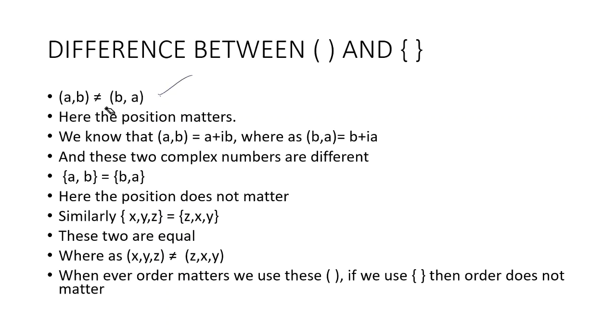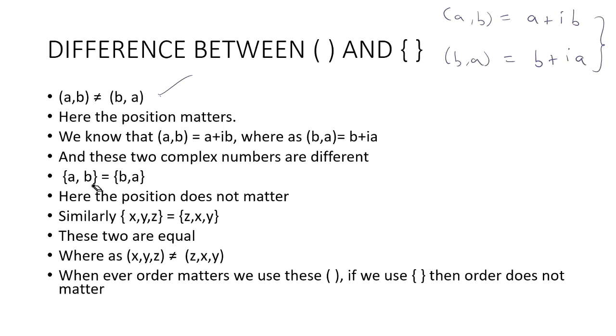We can understand this using complex numbers also. (a, b) represents the complex number a + ib, whereas (b, a) represents the complex number b + ia. These two complex numbers are different because the real parts and imaginary parts are different. Therefore, (a, b) is different from (b, a).